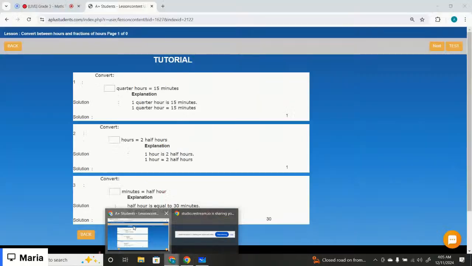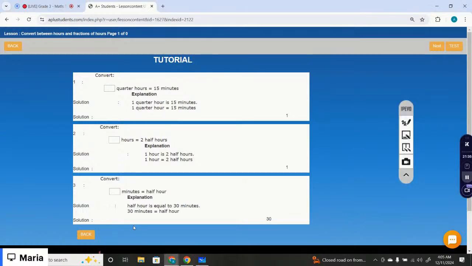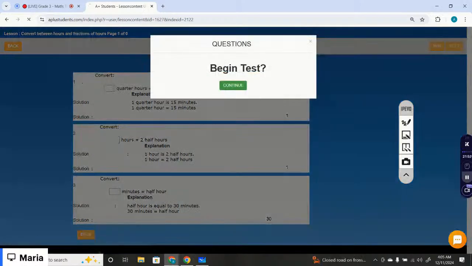Let's just start with the 15 minutes equal 1 quarter hour, right? 2 half hours make 1 hour, right? And half hour equals 30 minutes. Let's just start with the test questions.